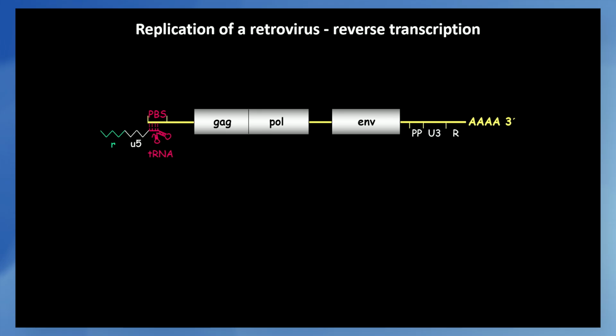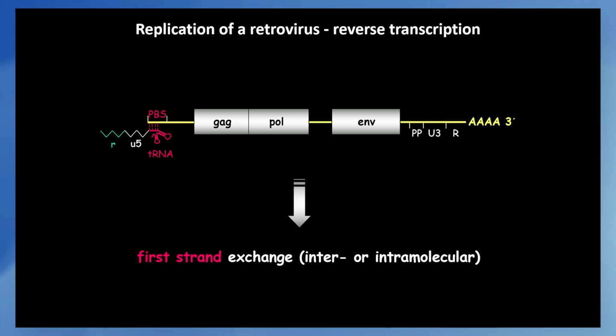The RNase H activity digests the RNA template, not completely, but to a certain extent. So now we have something which is complementary to the 3' end, to the R region, where strands can hybridize so that the reverse transcription process can continue.